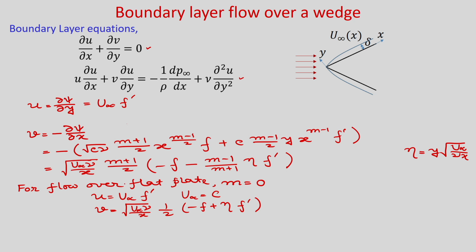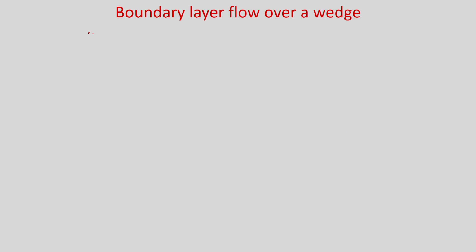Now, let us calculate this gradient del u by del x, del u by del y, and del 2 u by del y square. So, we know u is equal to c x to the power m f prime. So, del u by del x we can write c m x to the power m minus 1 f prime plus c x to the power m f double prime, and del eta by del x.